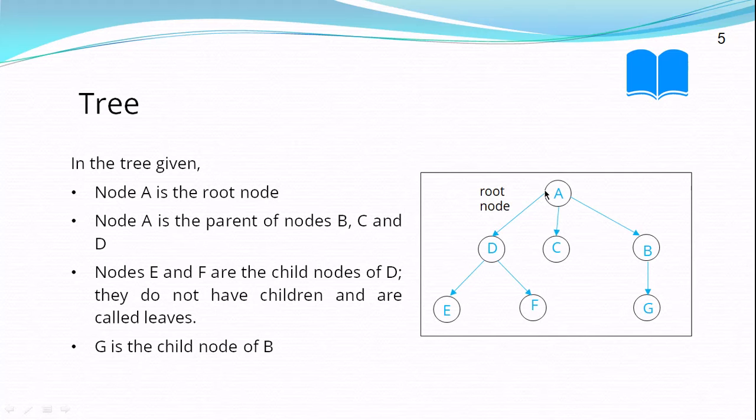So this parent node has actually got 3 children. This node has exactly 1 child, and this node has got two children. So there's no problem in understanding what a tree is so far.